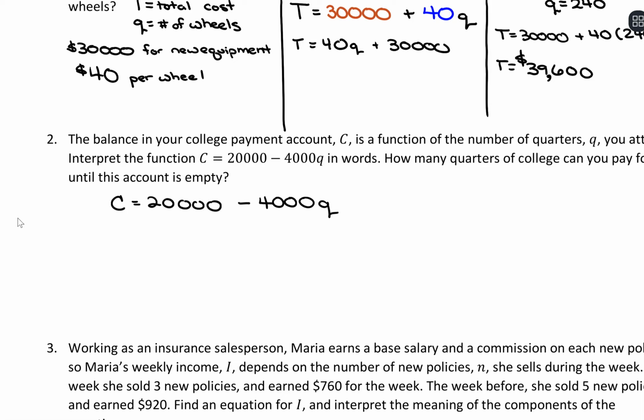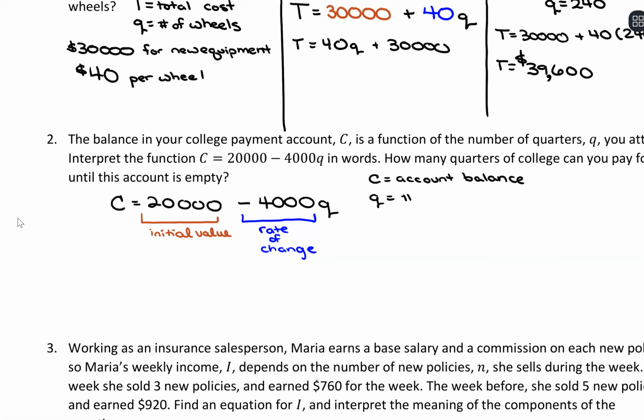So this negative 4,000, that's our rate of change. And this value of 20,000, this is our initial value. And then if it helps, we can say C is the account balance, and Q is the number of quarters.